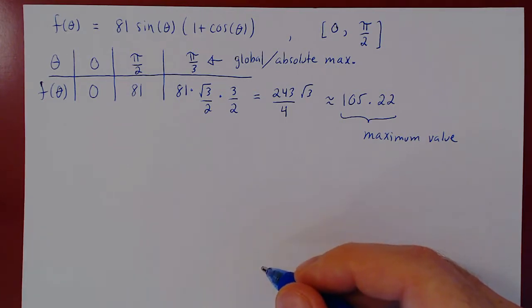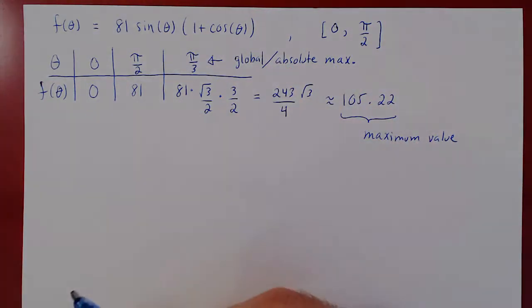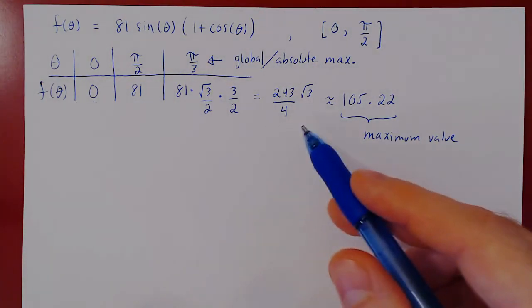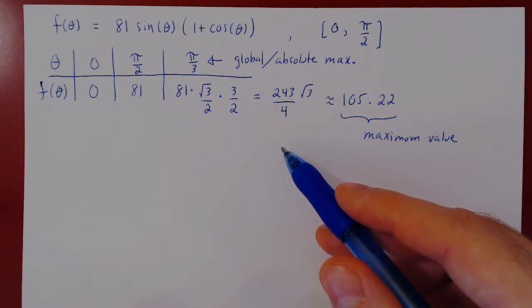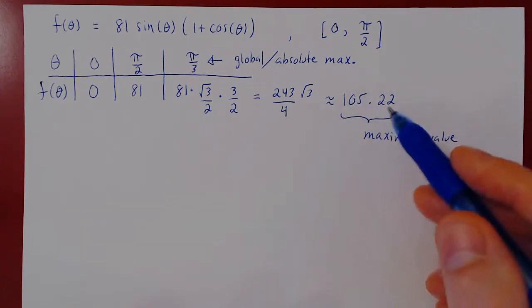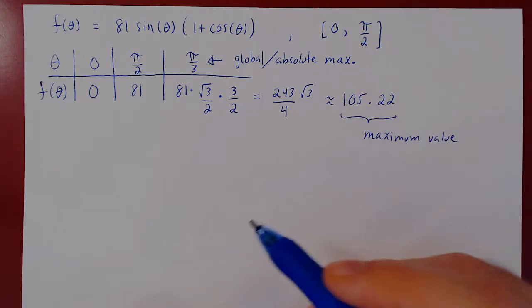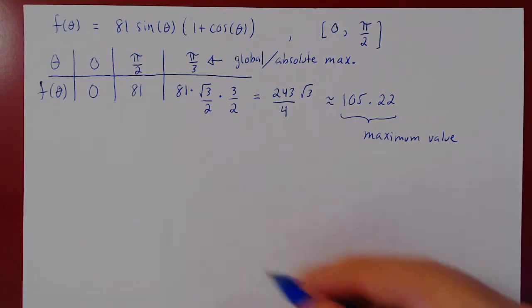And so now we have found that if we pick an angle at the base of pi over 3 or 60 degrees, we will have maximized the area of our trapezoid, the cross-sectional area of the gutter, therefore the carrying capacity, and the area is roughly 105.22 centimeters squared. So we can draw our picture.